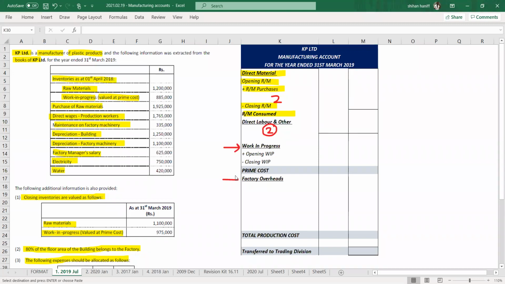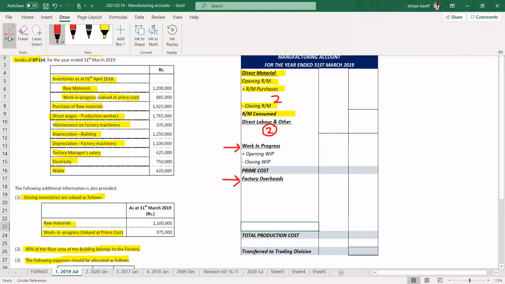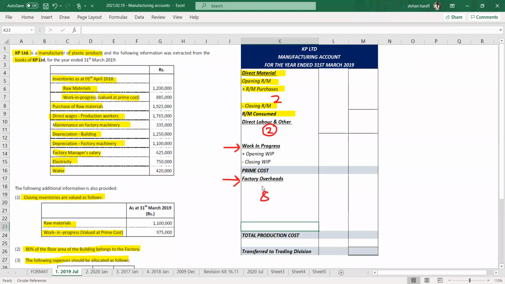Then the heading, factory overhead, you may keep 7 or 8 lines for this. For the factory overheads, we have factory maintenance, building depreciation, then the total production cost.